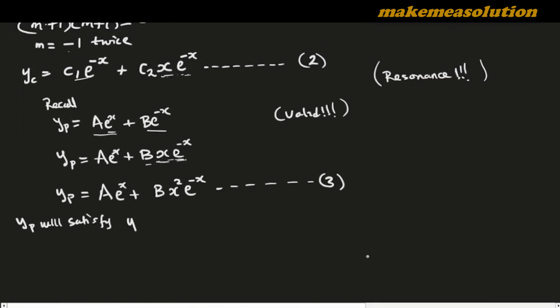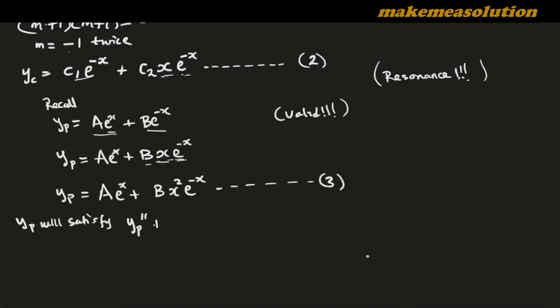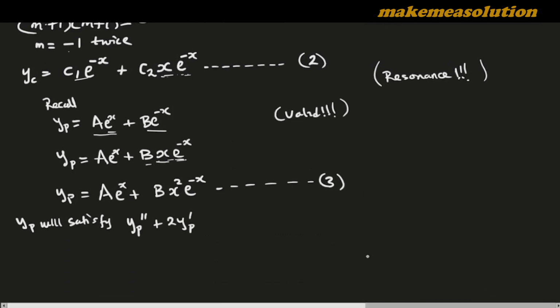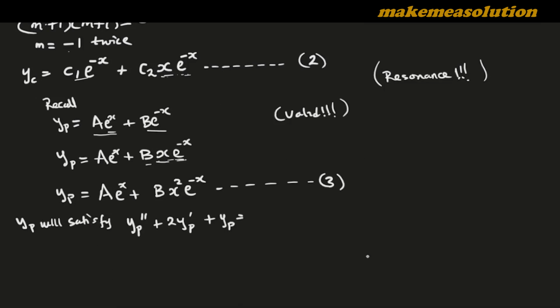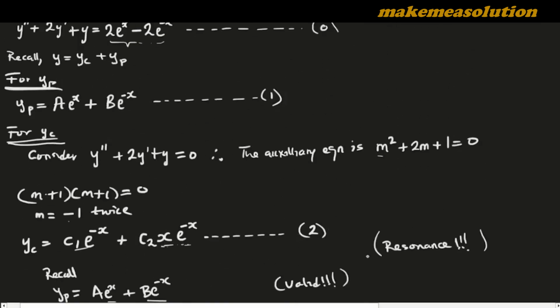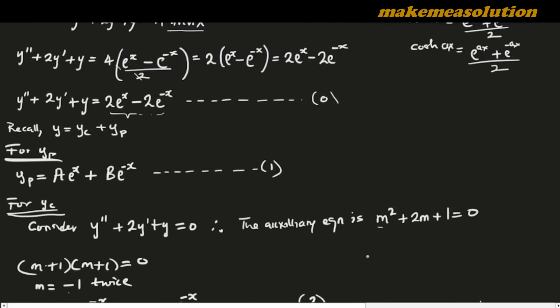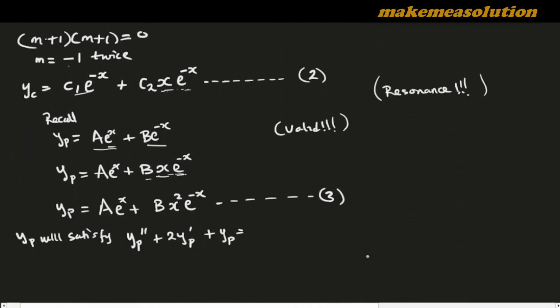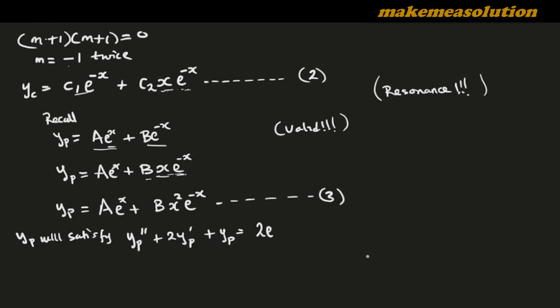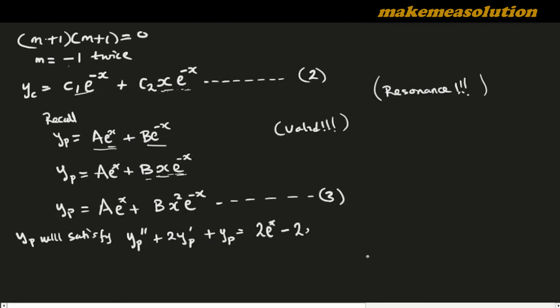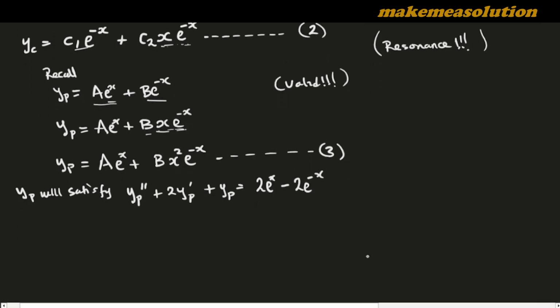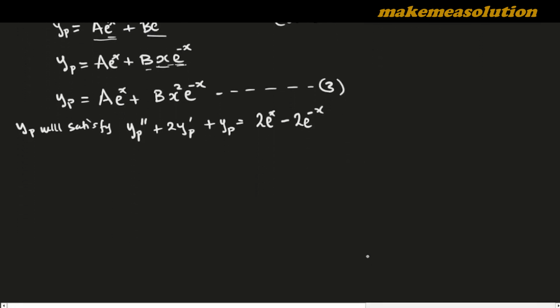So it should satisfy yp prime prime plus 2yp prime plus yp is equal to 4 sin x, and 4 sin x was later corrected to 2 exponential x minus 2 exponential minus x. So we want yp to satisfy this particular equation here.